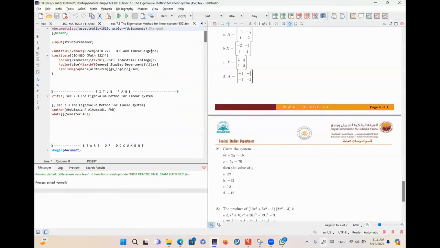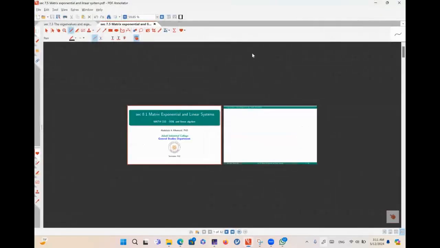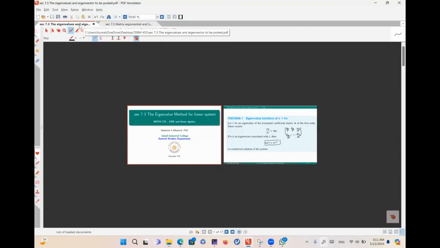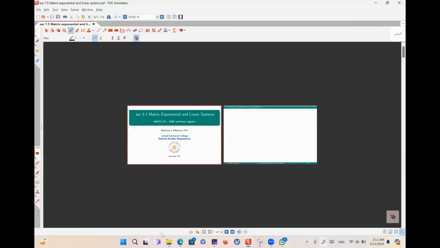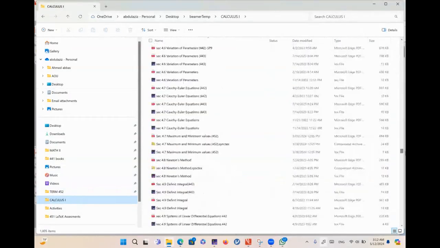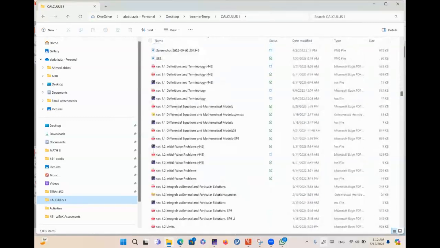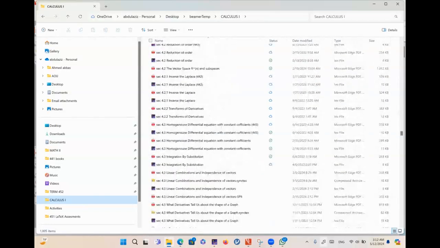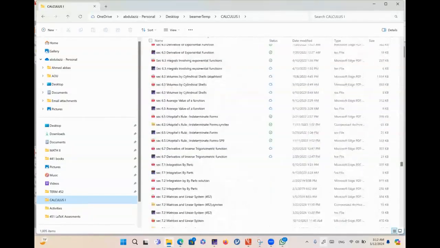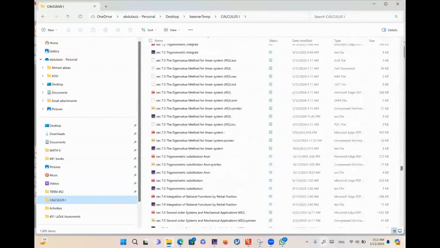Run. Okay, I hope this is a clean one now.